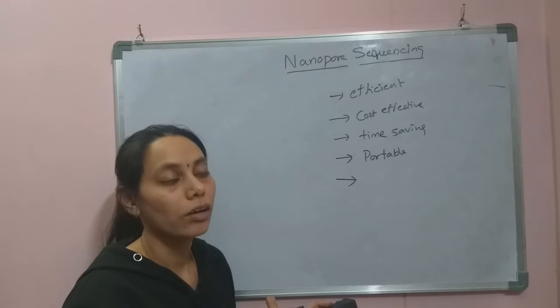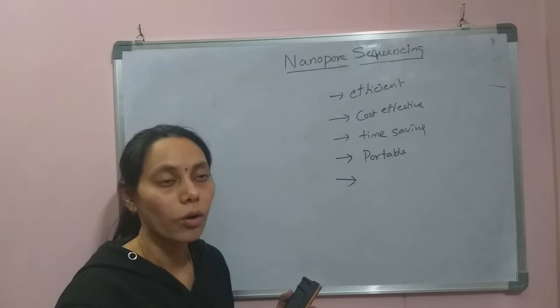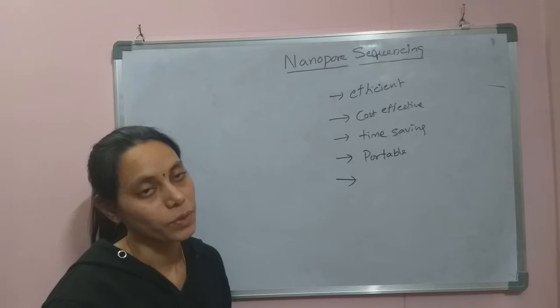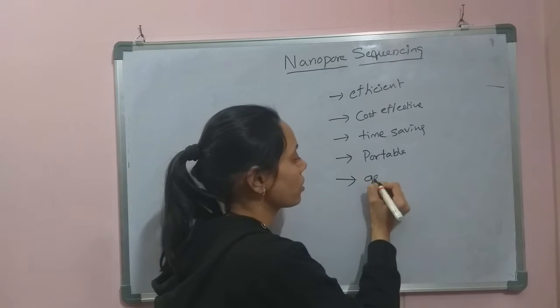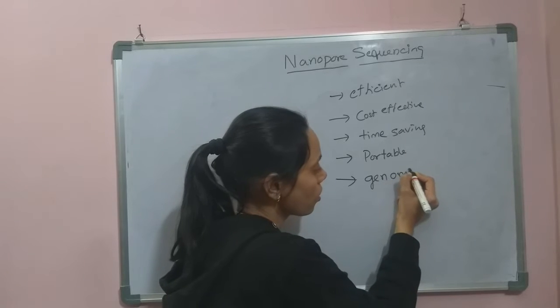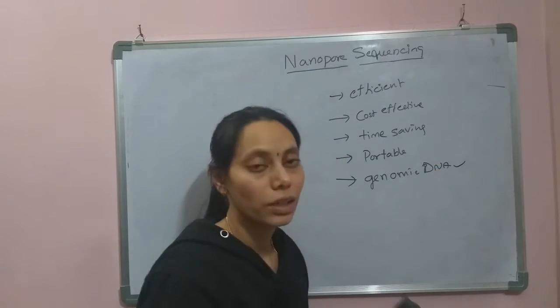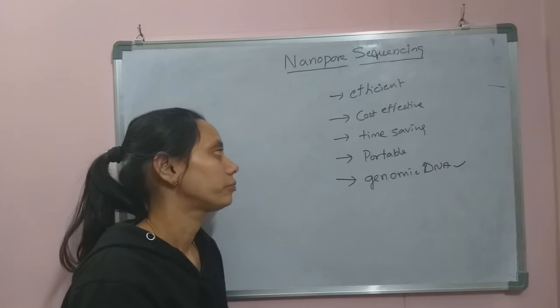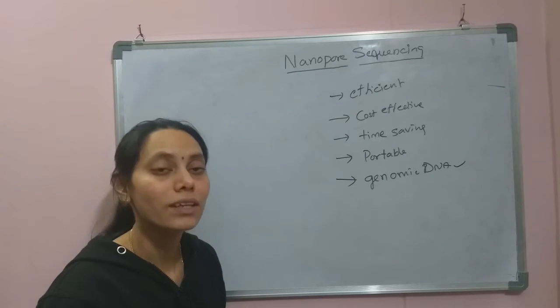That means any genomic DNA from complex organisms can also be sequenced in a single stretch of experiment. By using it, genomic DNA can be sequenced without any complications, with an easy process. And these are the basic advantages with nanopore DNA sequencing.